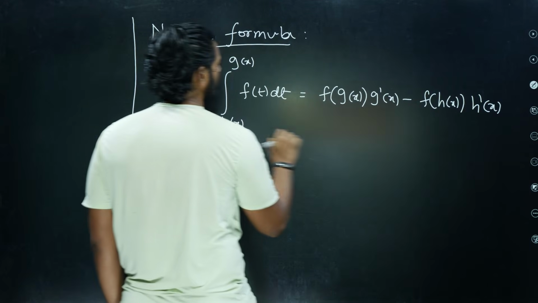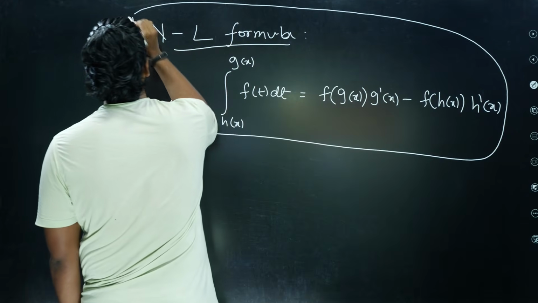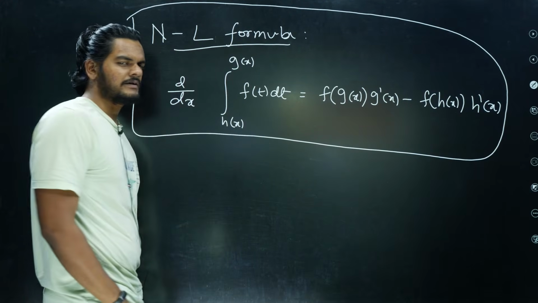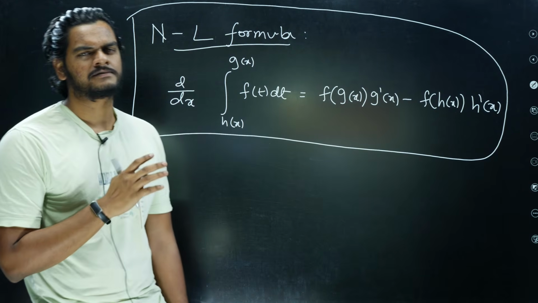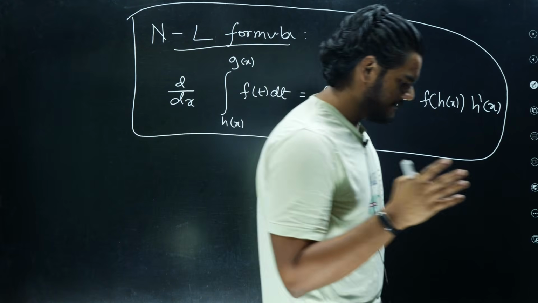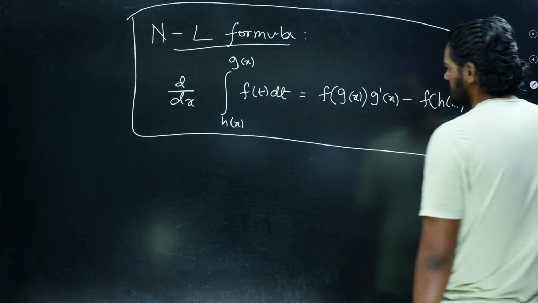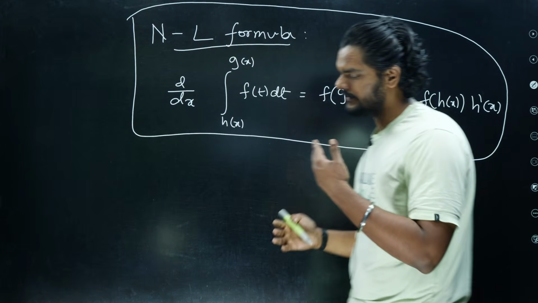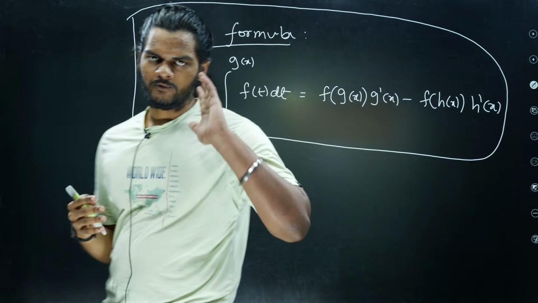This is what is the Newton-Leibnitz formula. So you should be knowing this. There are numerous applications of this. It's not a big deal at all. So once you know this, once you understand the mechanisms of it, you will easily follow this thing.